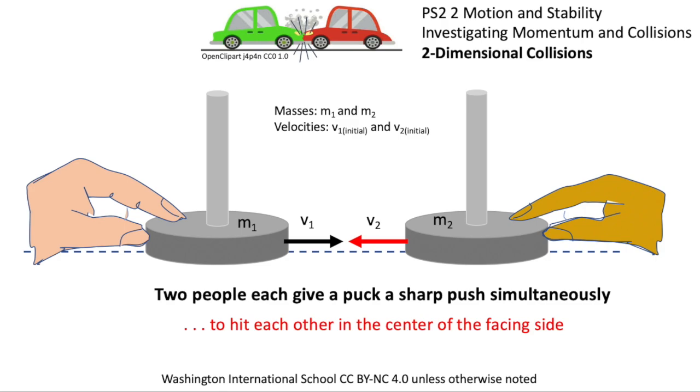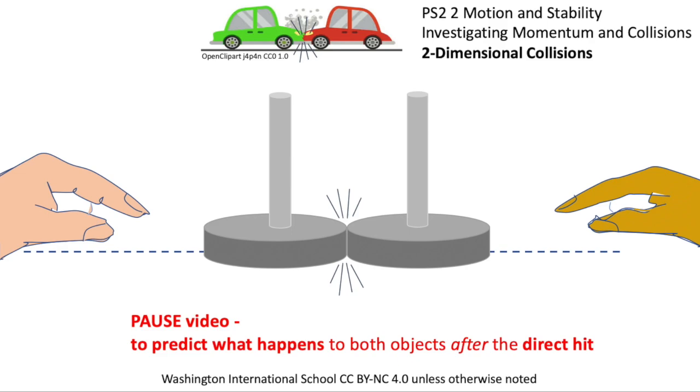So two different people will give the puck just a sharp push simultaneously and hit the pucks in the center of the facing sides. So pause the video and predict what's going to happen to both objects after the direct hit.